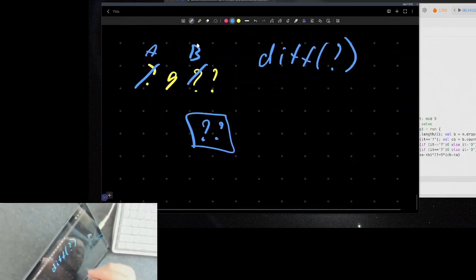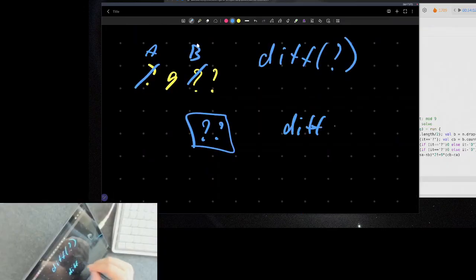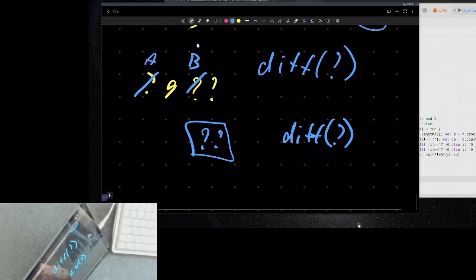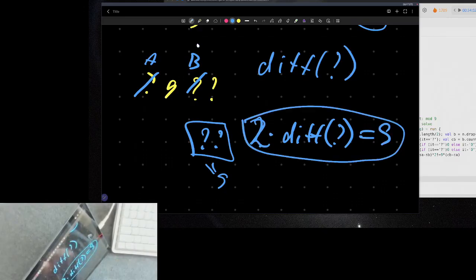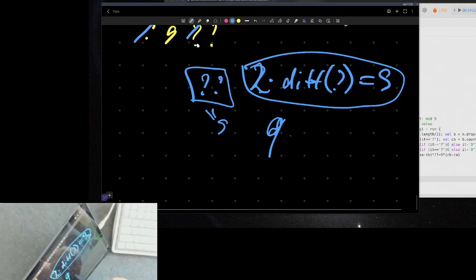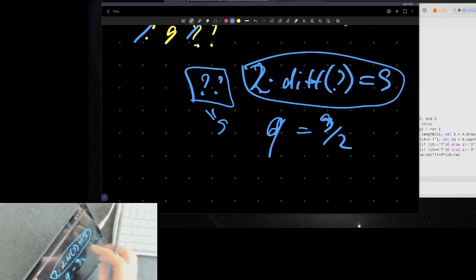So basically the difference of question marks, if for example we have two of them, equals 9. So two question marks, 2 times difference equals 9. Or this is the difference of question marks, let's call it Q, divided by 2 equals 9 divided by 2.